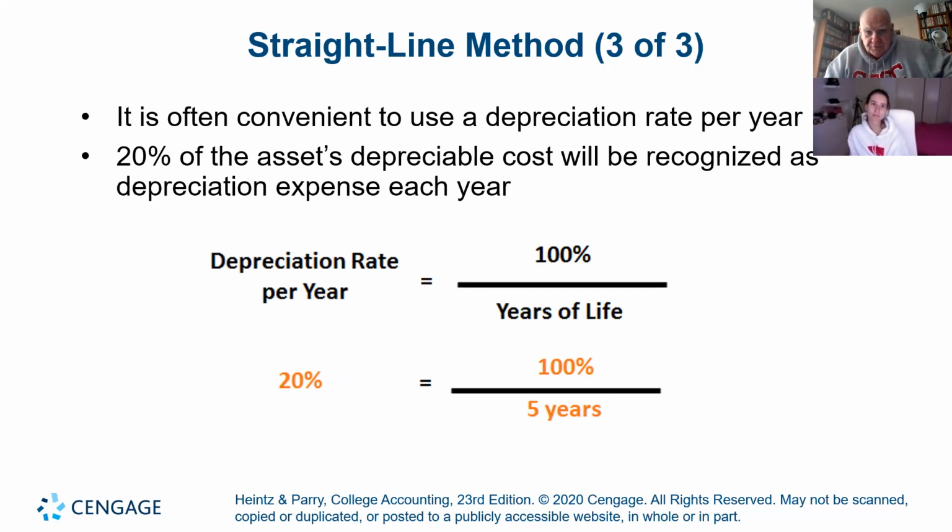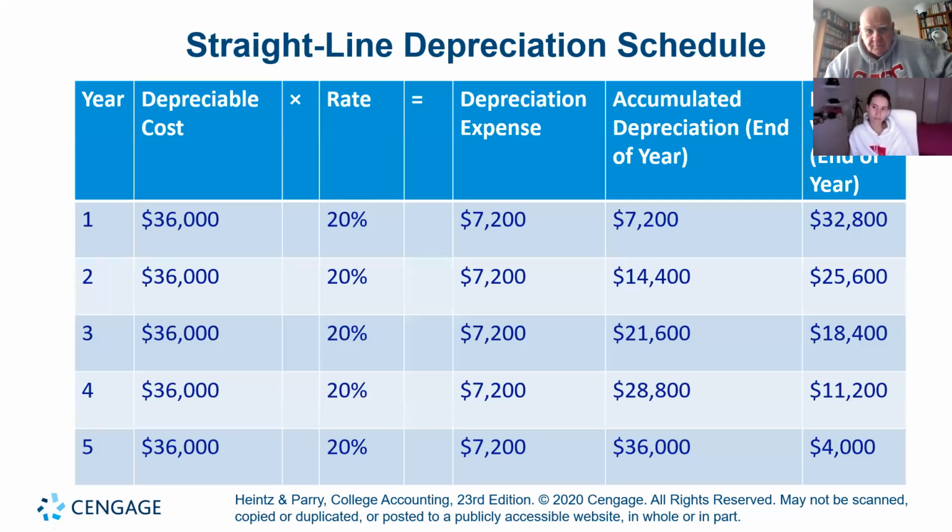Straight line. You can also think of it in terms of a percentage, right? If it's 5 years, it's 20% a year. Here, we started off with a depreciable expense of 36,000. Here is our journal entry. Debit depreciation expense, credit accumulated depreciation.